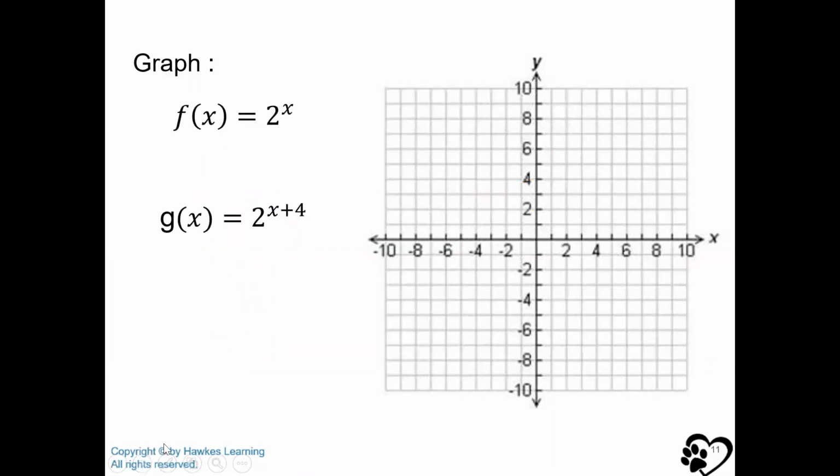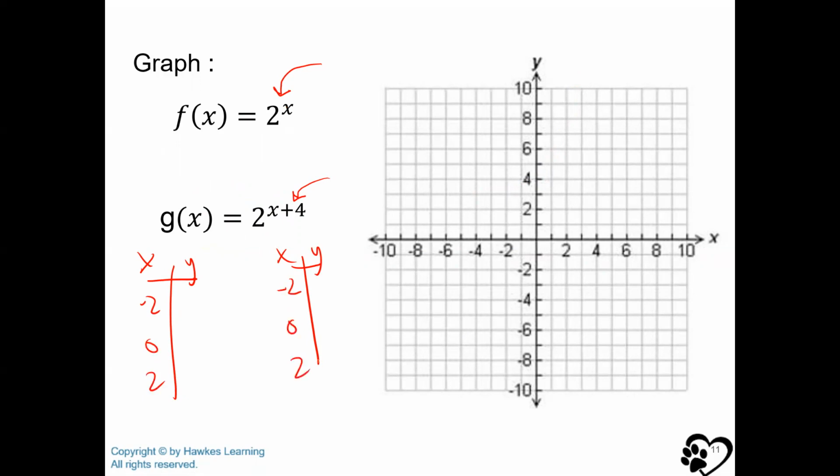Nope. All right, here we can think of this as our base graph, and then we're going to see what happens when we add 4 to our power. All right, so we'll do our 2 T-charts down here. We'll do -2, 0, +2 on both of them, and see how these two graphs compare.